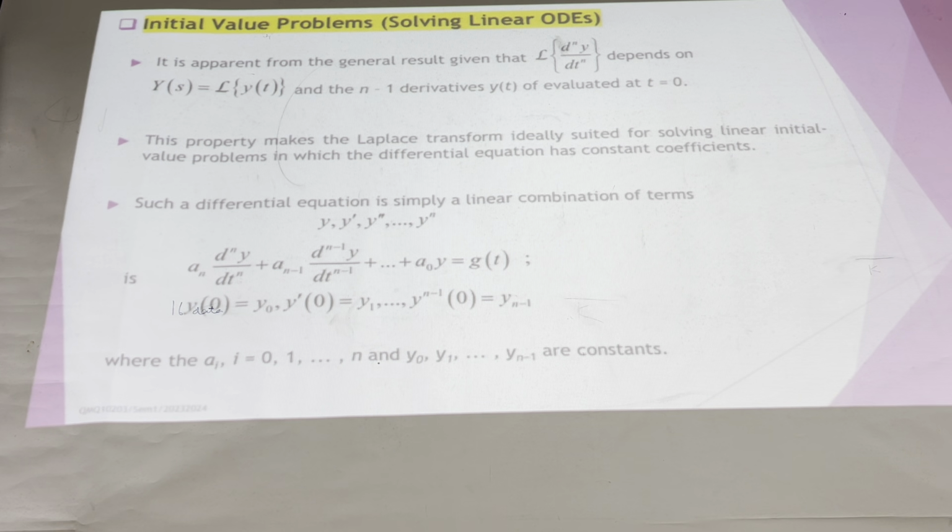It is apparent from the general result that the Laplace transformation of d^n y over dt^n depends on Y(s), equal to the Laplace of y(t), and the n minus 1 derivative of y(t). So for Laplace transform, you can transform any function, whether you have the differential form y prime or dy over dx, dy over dt, and their derivatives.